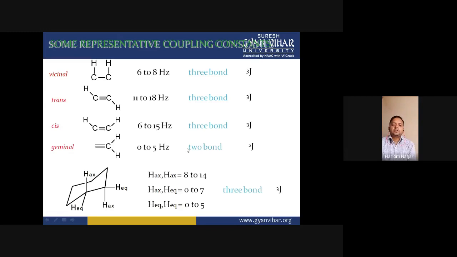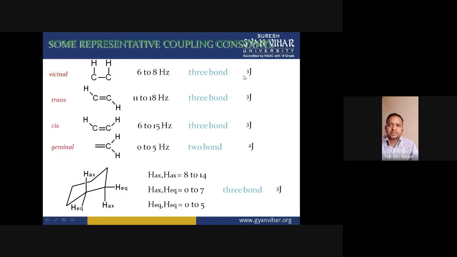So now the coupling constant value for different types of coupling. If you talk about the vicinal coupling, if there is single bond character between these hydrogens, then the vicinal coupling constant value would be 6 to 8 hertz.